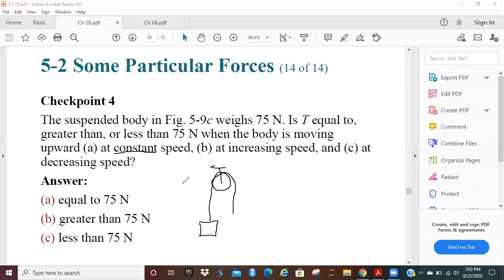If it's increasing its speed, then wouldn't it be greater? Yep. Because you're going to have more force. And if it's at a decreasing speed, then it's going to be less than that.